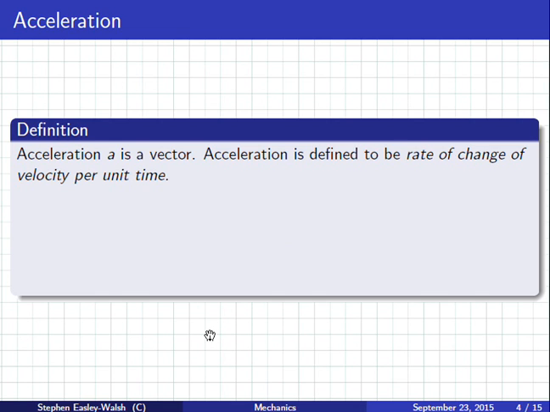So that's it in words, and then I'll give it to you as a formula.